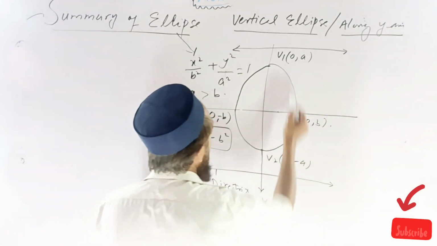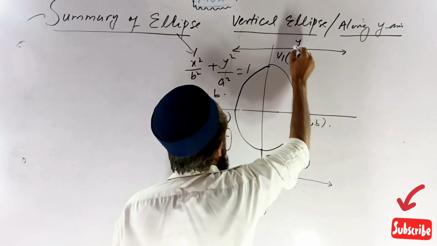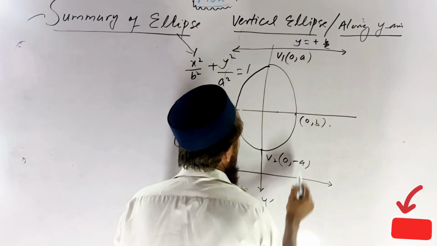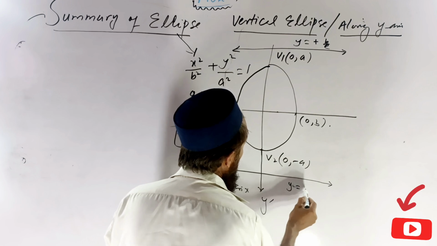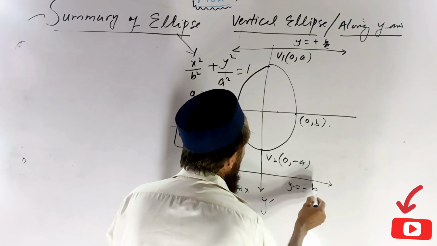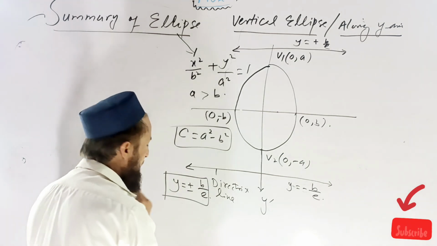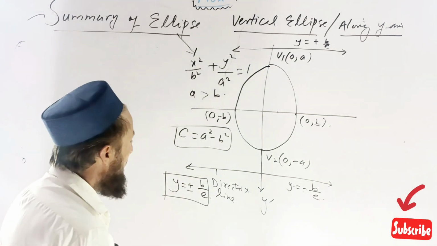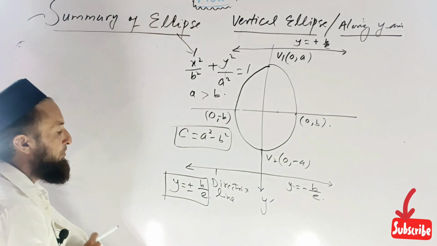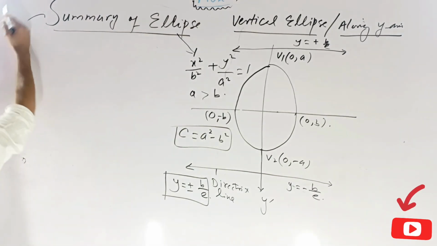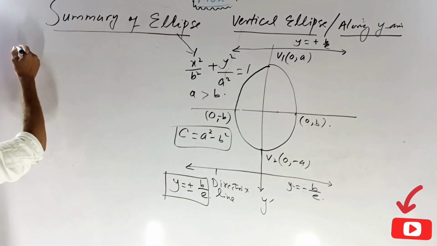Here is positive value, y is equal to plus a divided by e, and here is y is equal to minus a divided by e. These are the directrices. If we combine them, we write y is equal to plus minus a divided by e. Now the same process, the same results.